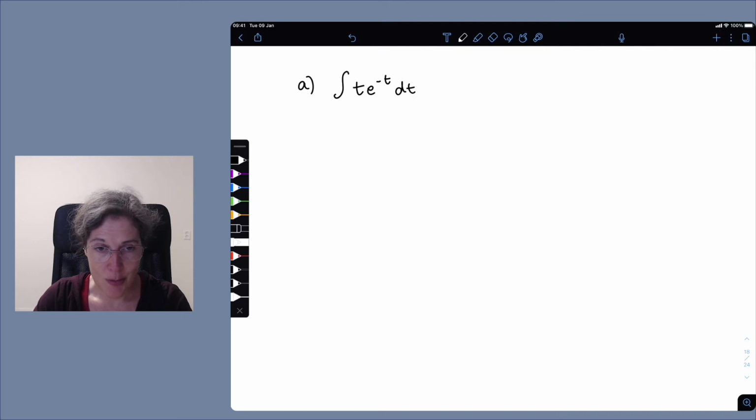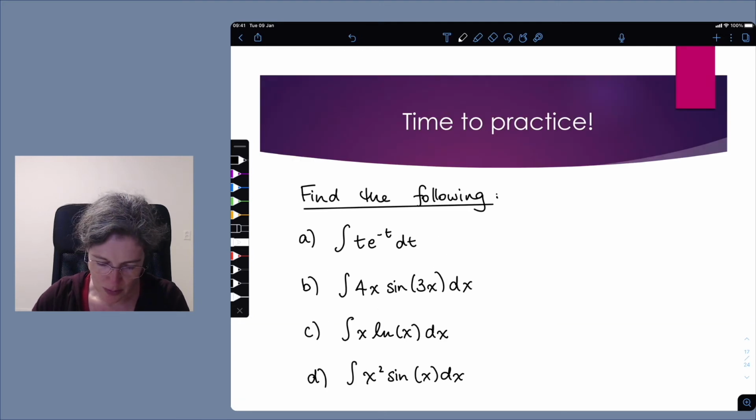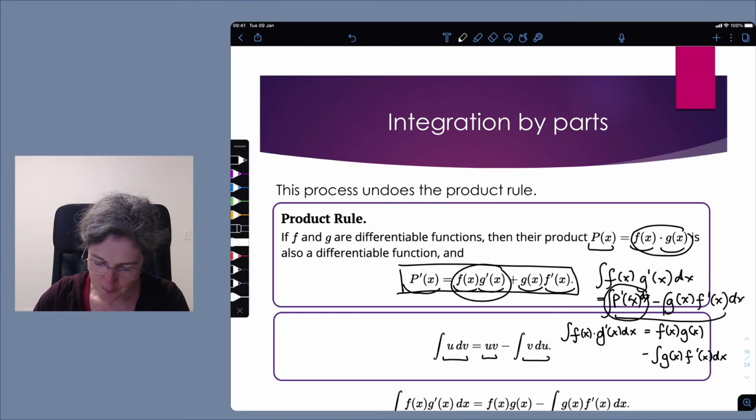So substitution isn't going to work here. So the next thing to try is the product rule, or undoing the product rule, which is this bit over here. Integration by parts.